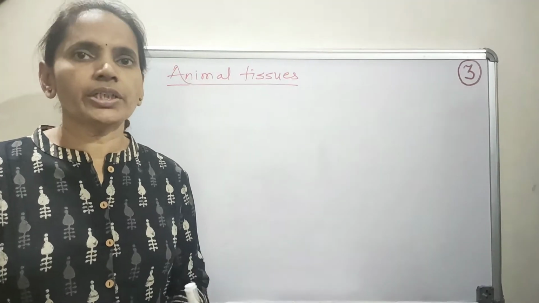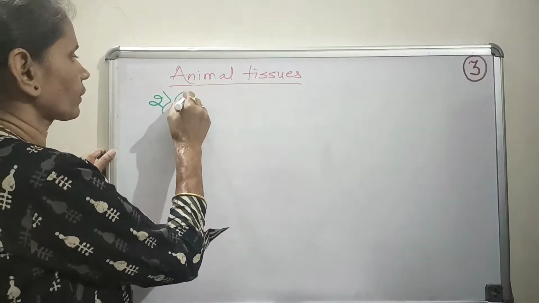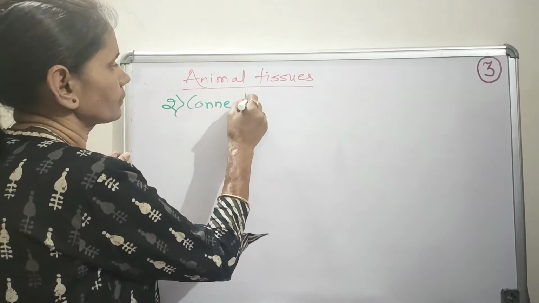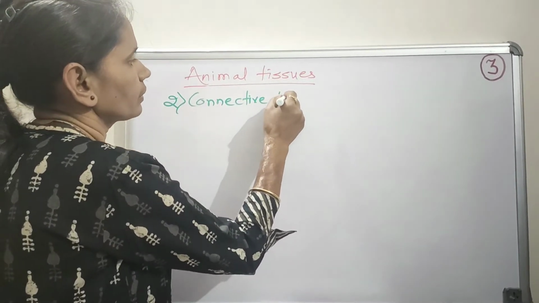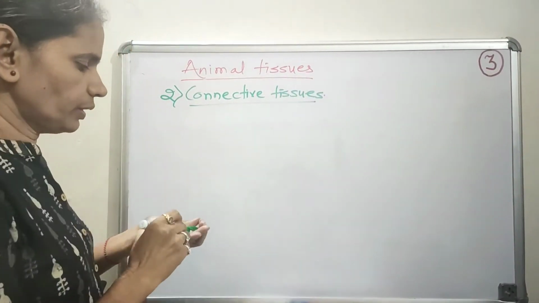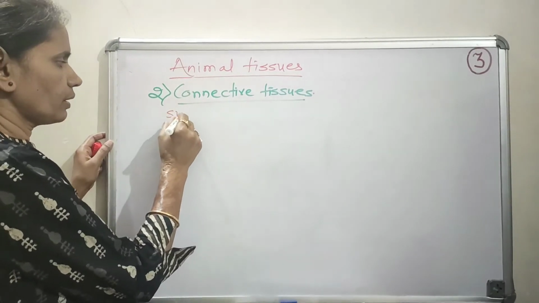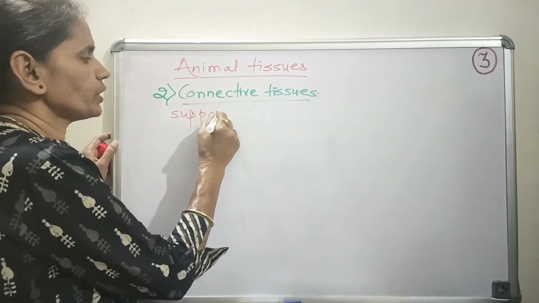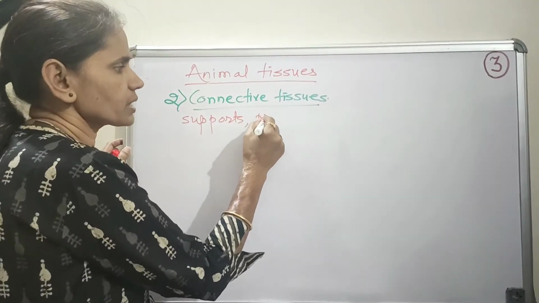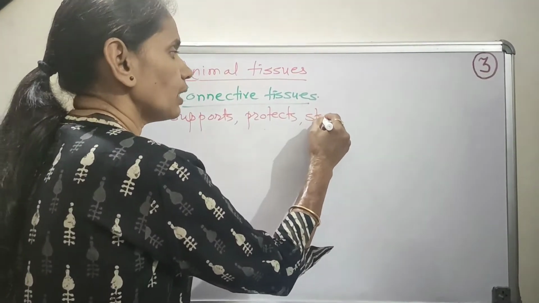The second major type of animal tissue is the connective tissue. What is connective tissue?